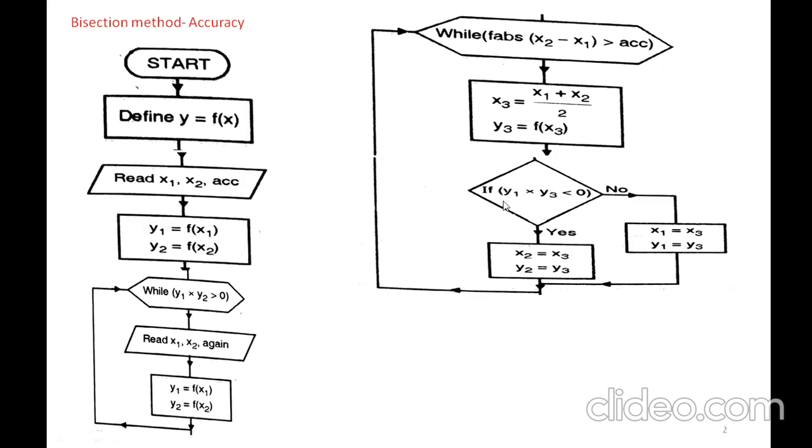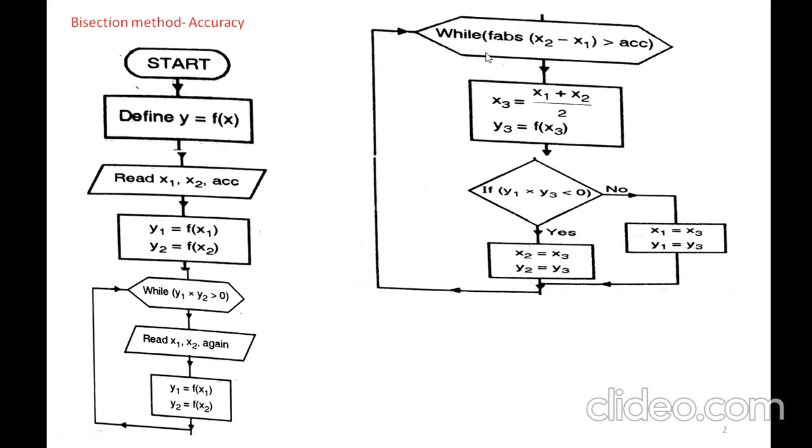If this condition is not true, then we will replace x1 by x3. Similarly, y1 is replaced by y3. We have to continue this loop until the x2 minus x1 value is less than accuracy. If the value is greater than accuracy, then this loop will continuously execute.